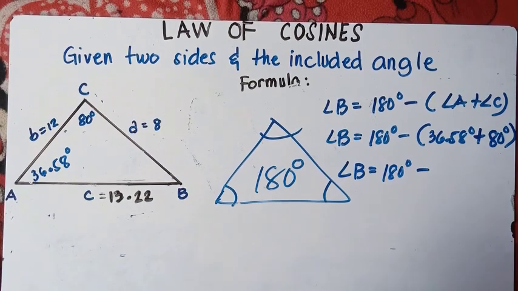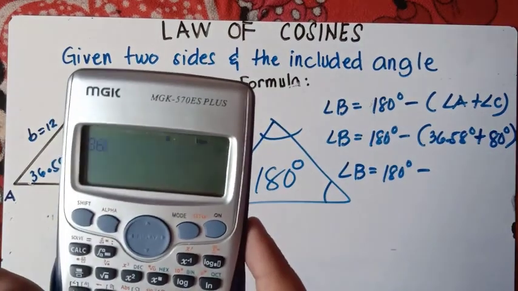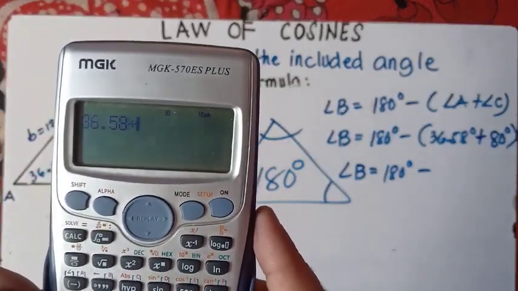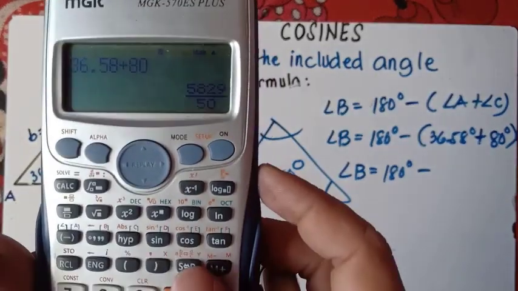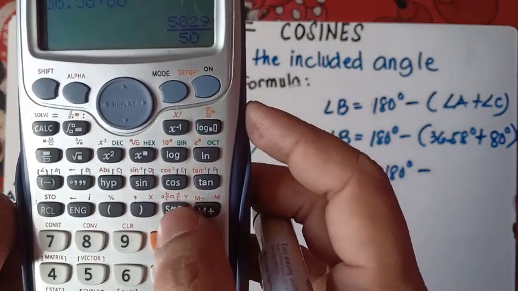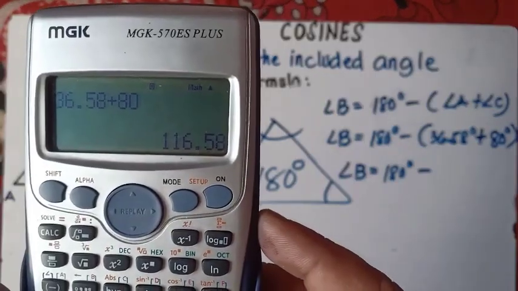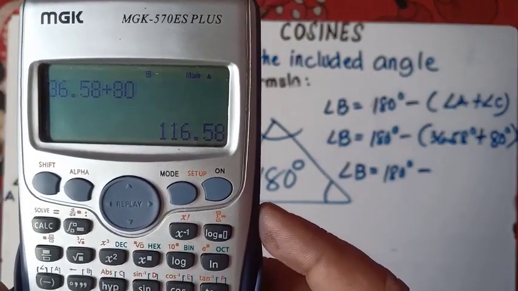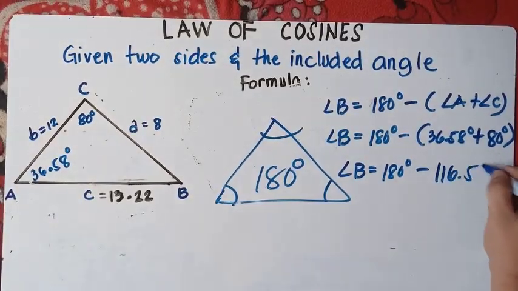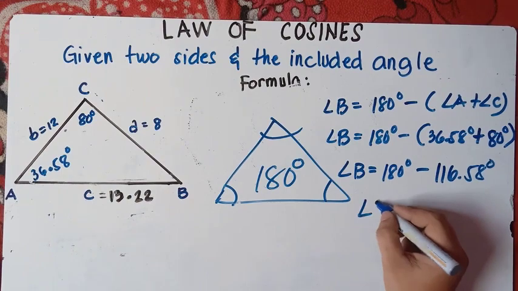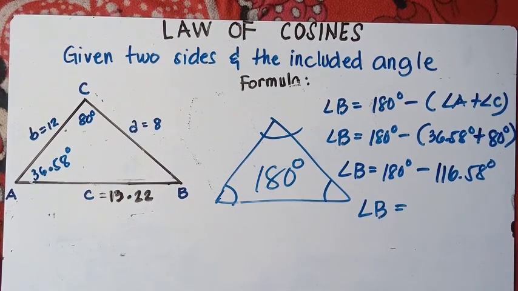Let me add this one: 36.58 plus 80. Since we have a fraction, you click SD, class. So we have 116.58 degrees. Subtract and there you go, you get the angle B.